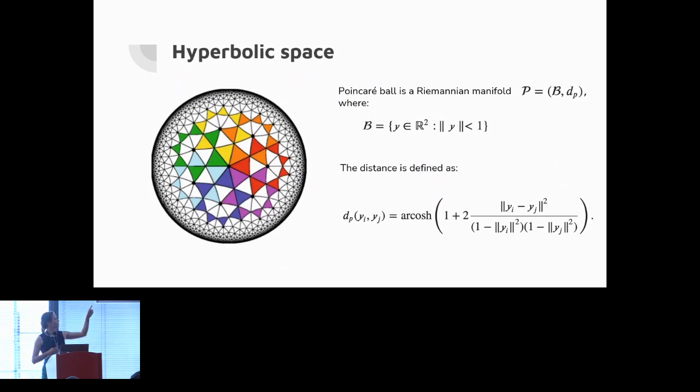That is, as you can see here, all the triangles have the same surface and all the distances are the same, but the points located close to the origin have smaller distances among each other, whereas when you go to the border, if you imagine looking at the sphere like this, you will have large distances the farther you get from the ball center.